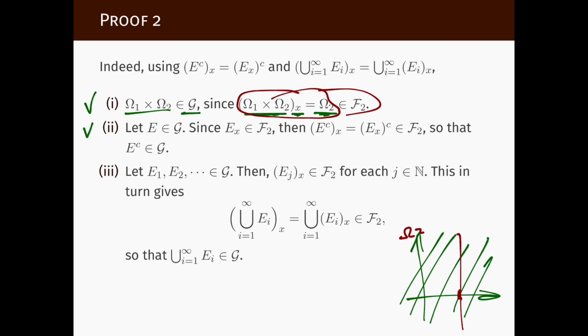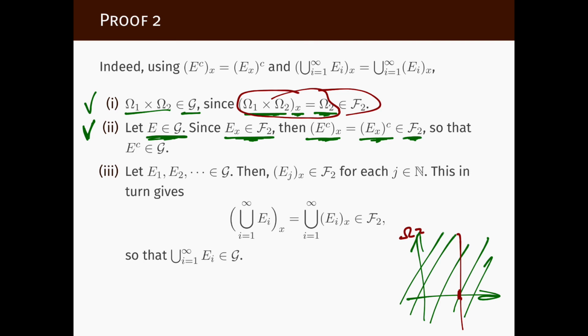Now to check the second property, we take a set E which is in the sigma algebra G, which means the section by x is measurable. But now if we take the section by x of the complement, this will be the complement of the section by x, and this will be in F2.